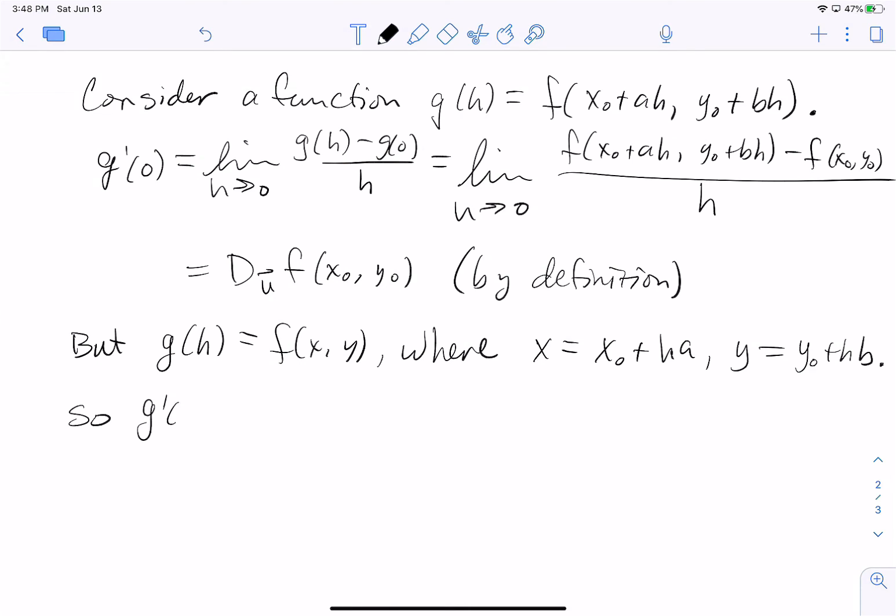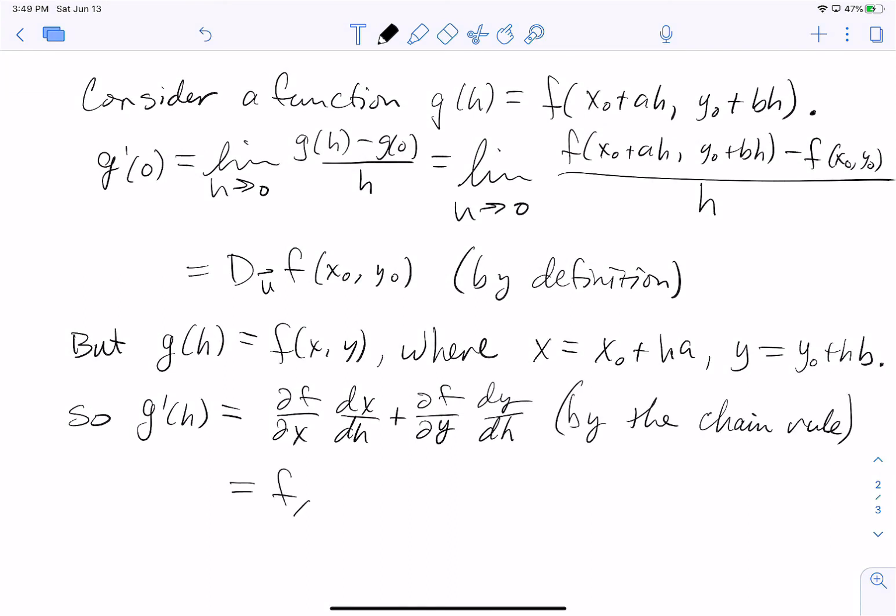So g prime of h by the chain rule is equal to the partial of f with respect to x times dx/dh plus the partial of f with respect to y times dy/dh. And that can be written as fx at x, y times a plus fy at x, y times b. And that's a way to write g prime of h.